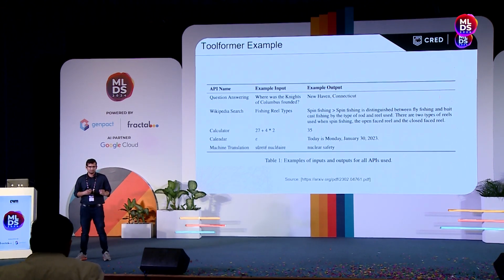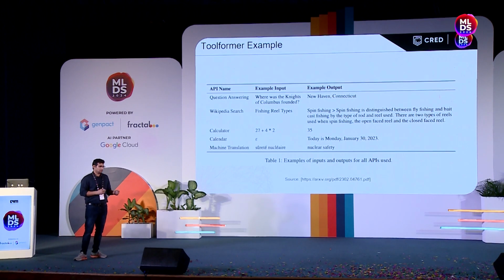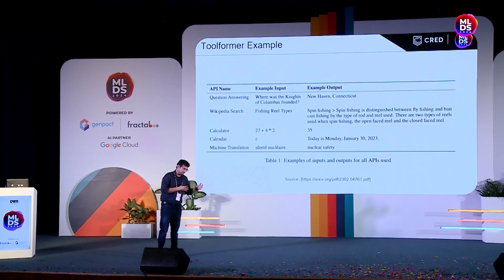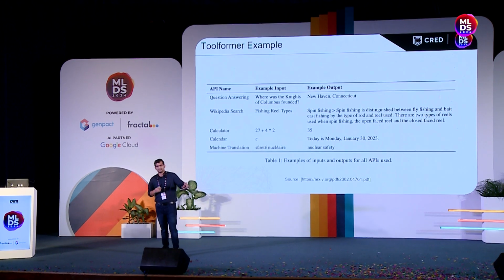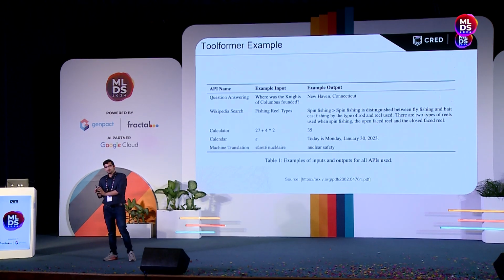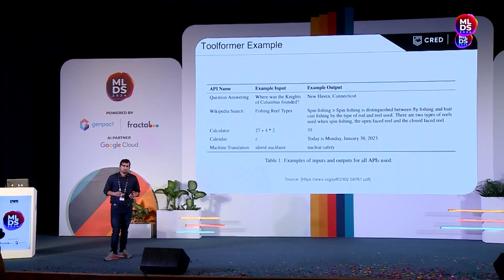The way the Toolformer paper approached it is that it gave the model a preset of tools, saying these are available to you. It helped the LLM learn, so when you're doing inference, you understand what tool you need to use, what parameters you need to pass, and once you have the output of that tool, how to use it for your next token prediction.